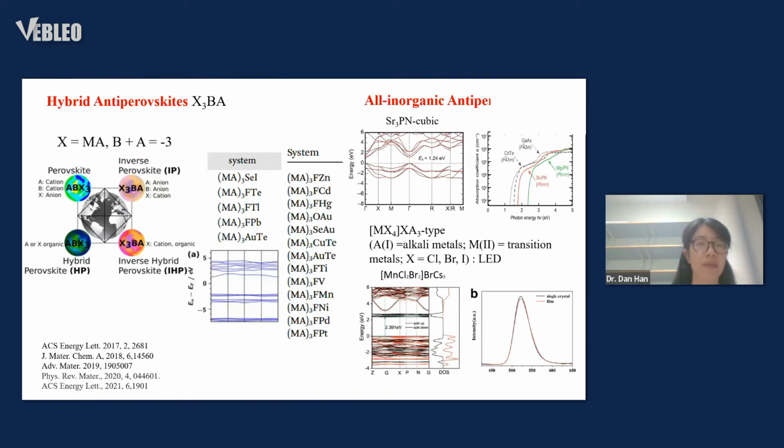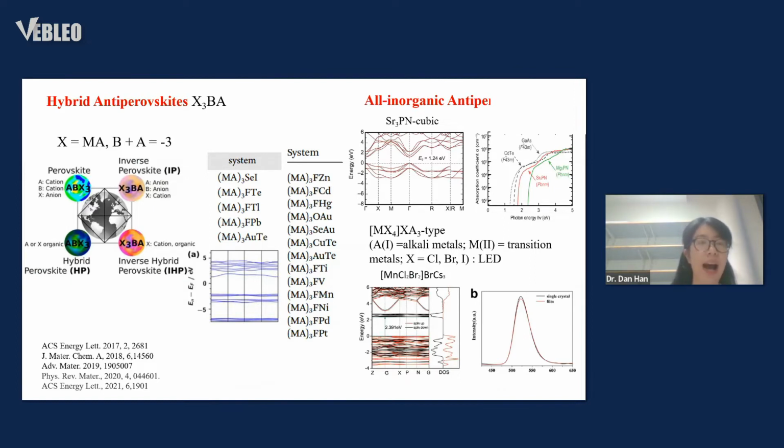In contrast to the intensive study of halide perovskite and double perovskite as photovoltaic materials, the investigation of antiperovskite as photovoltaics draws less attention. Nevertheless, there are already some studies on hybrid antiperovskite and inorganic antiperovskite.